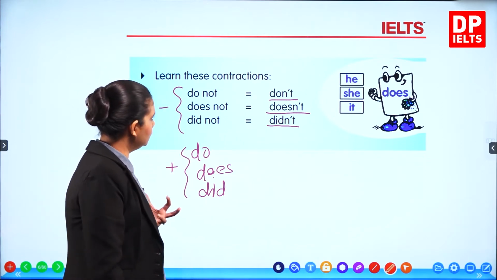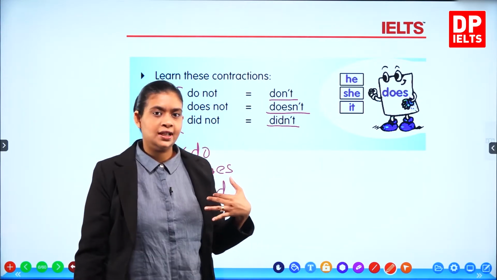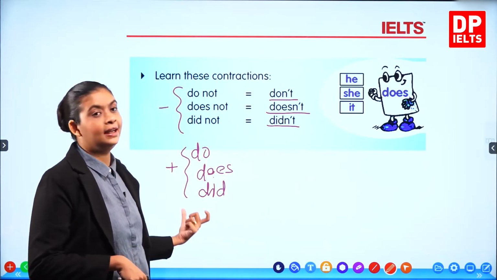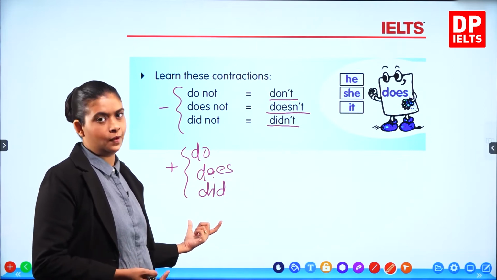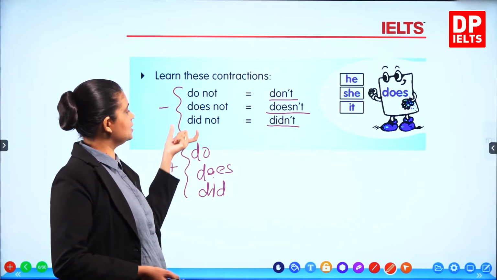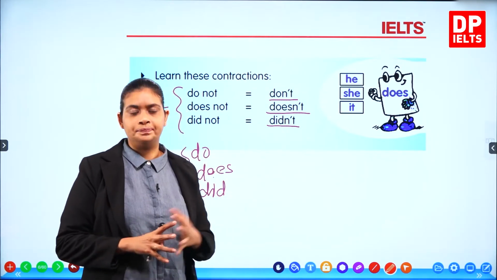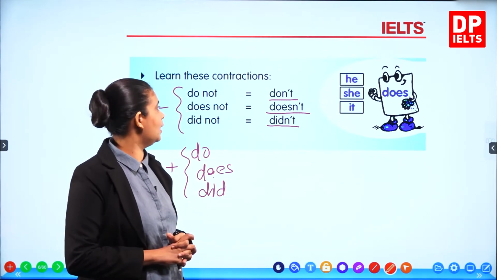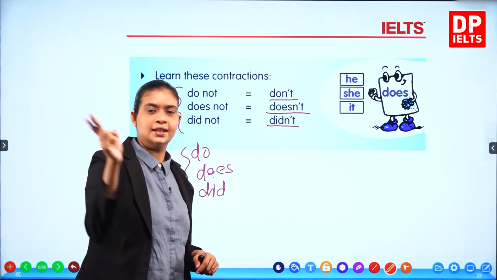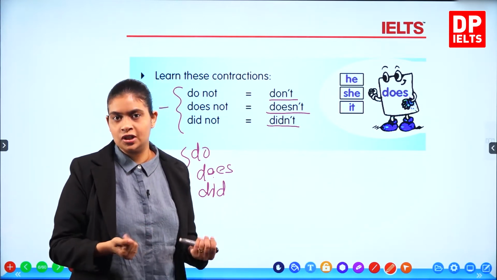Then අපි ගත්තොත් contractions. Contraction එක ලියන්නේ negative form එකට. මොකද do, does සහ did කියන වචන තුන positive form එක. ඒකේ negative form එක තමයි do not, does not, did not. ඒකේ තමයි contractions ලියන්න පුළුවන් වෙන්නේ. එතකොට අපි බලමු do not, don't, does not, doesn't, did not, didn't. තව එකපාරක් contraction එක බලමු.